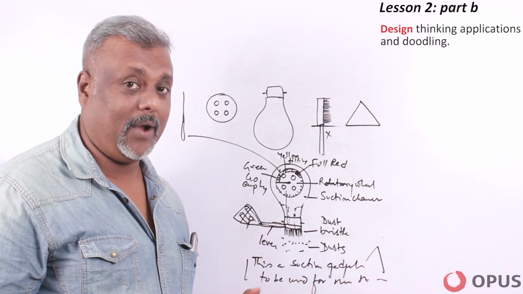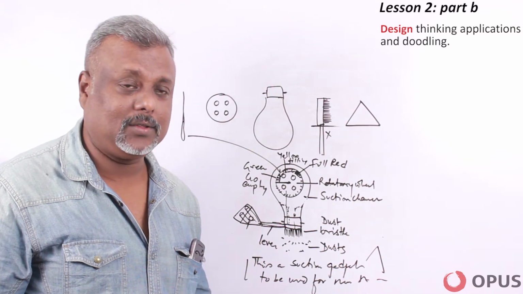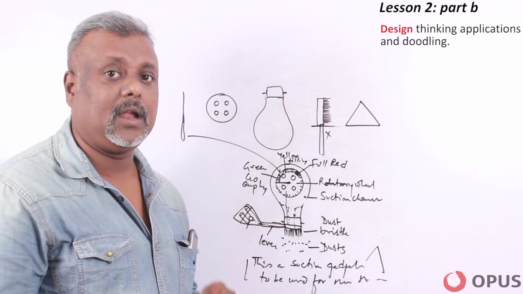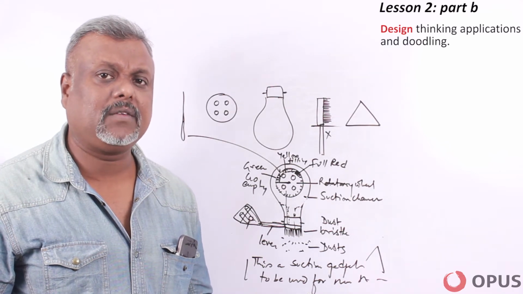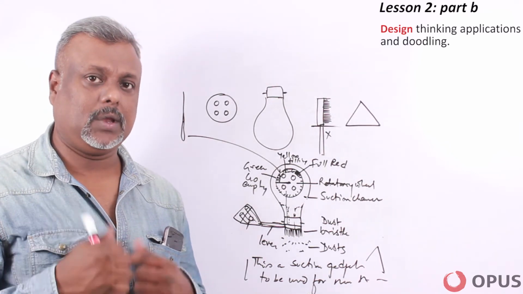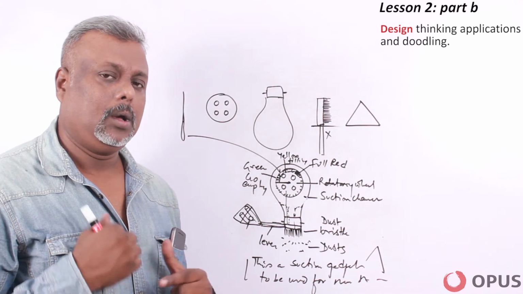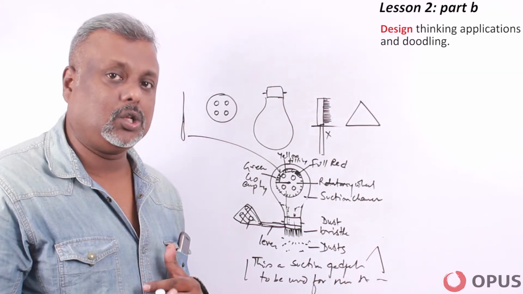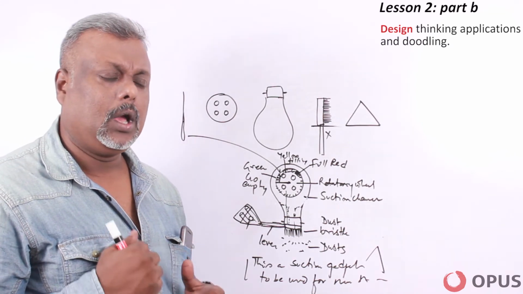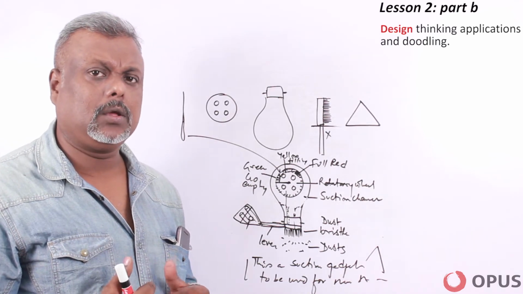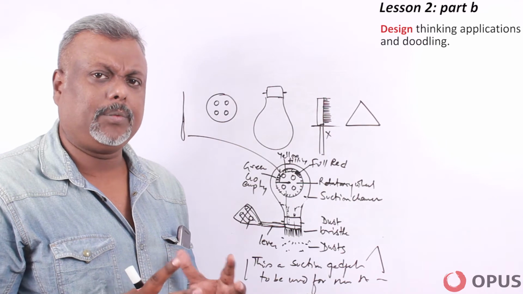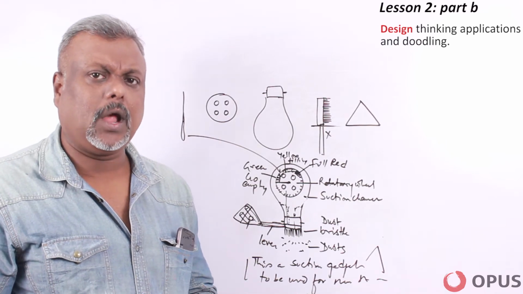This is an exact fundamental representation of what a designer actually does. When a problem is given to them, you have to visualize the problem, apply your logic, your designing skill, creative skill, technological thinking, and apply it in the form of a product, which is very important for us in the industry.